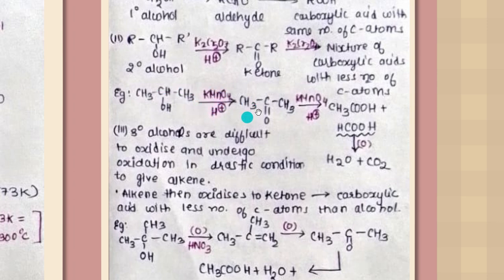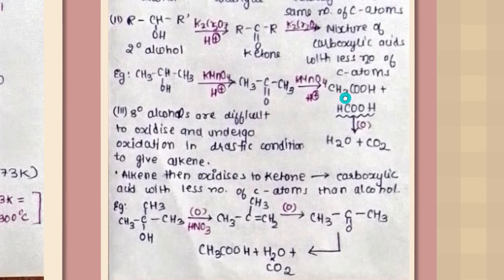It will give us CH3COCH3, which is a ketone, and again on oxidation it will give us a carboxylic acid plus HCOOH. This is formic acid, which on oxidation finally gives H2O plus CO2.